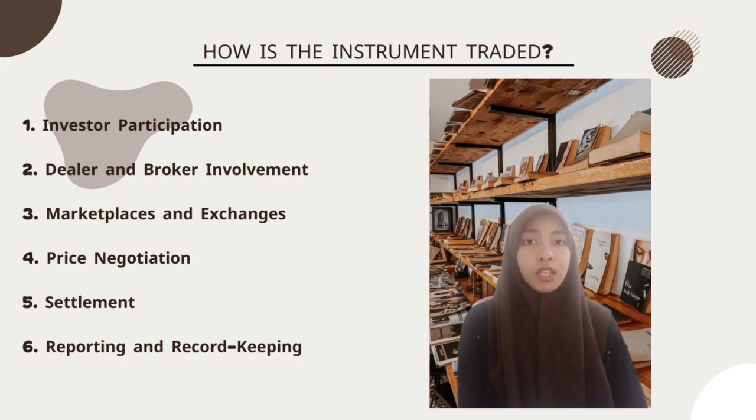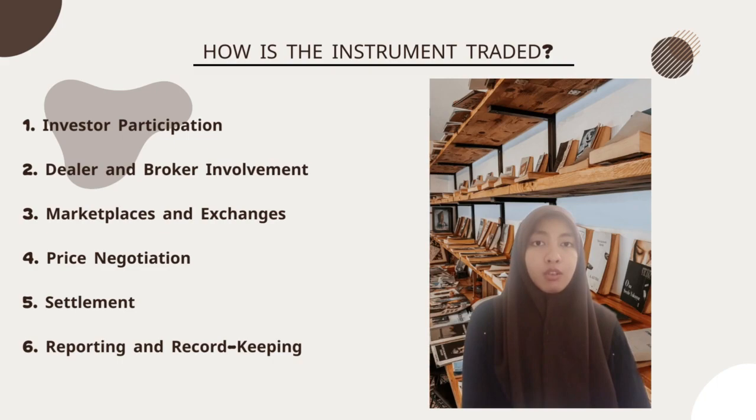Custodian banks often play a role in facilitating the settlement process and ensuring the smooth transfer of ownership. Number 6 is reporting and record keeping. Trading activity and transactions related to Cagamas commercial papers are reported and recorded by relevant parties, including the dealers, brokers, and custodian banks.